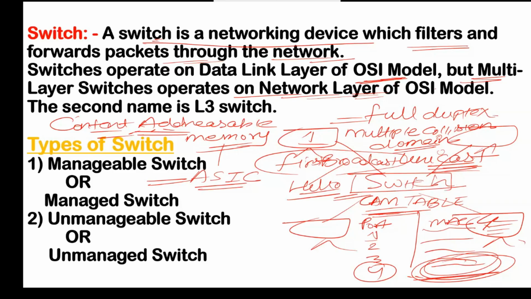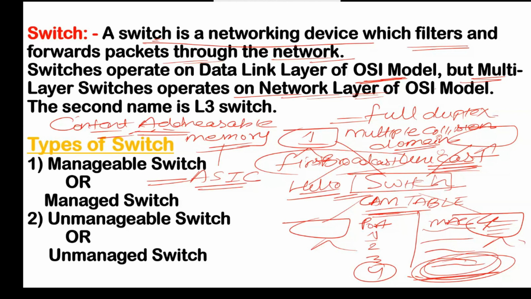So how do they apply that setting? They apply it on that layer 3 switch. After 1.5 GB, they stop providing the internet, and after 56 days they restrict your connection. So that type of layer 3 switch is available there.